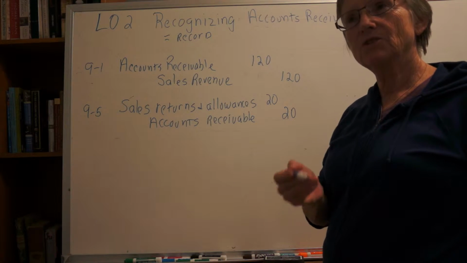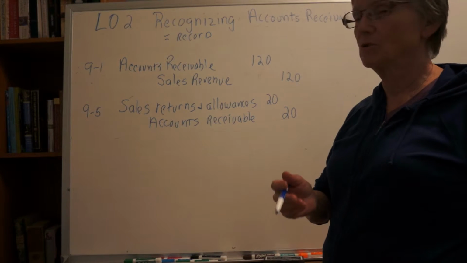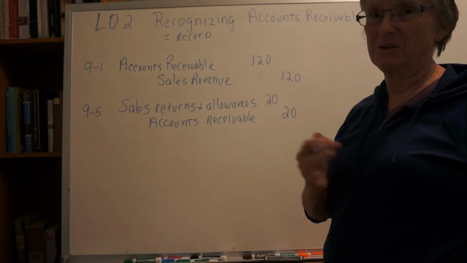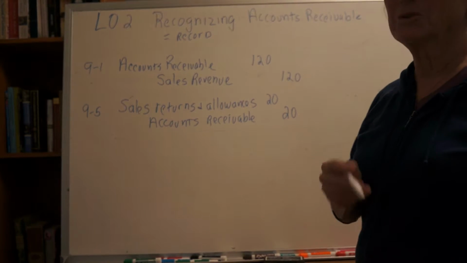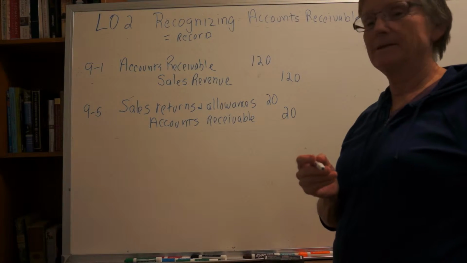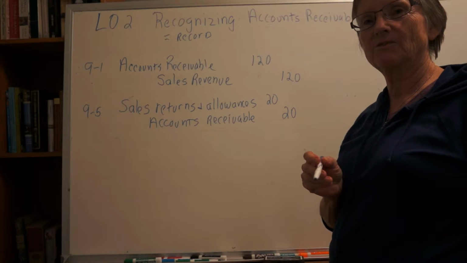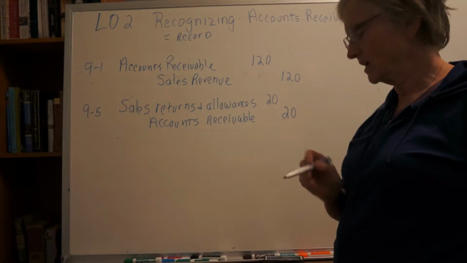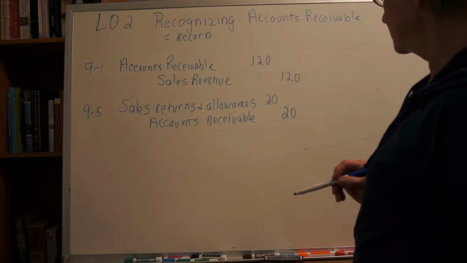It provides you useful information as a manager to know what's going on. Also, as an external user of the financial statements, if you're looking at a company to see how they're doing, and they have a huge amount of sales returns and allowances, it might be a bit of a red flag. Okay, so those are your two basic transactions.